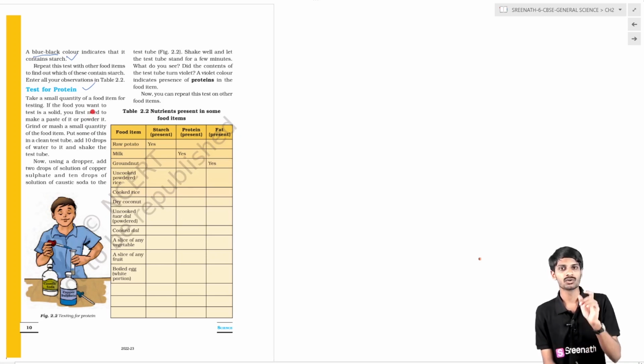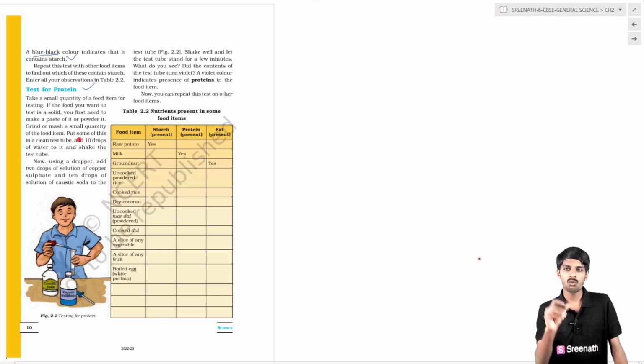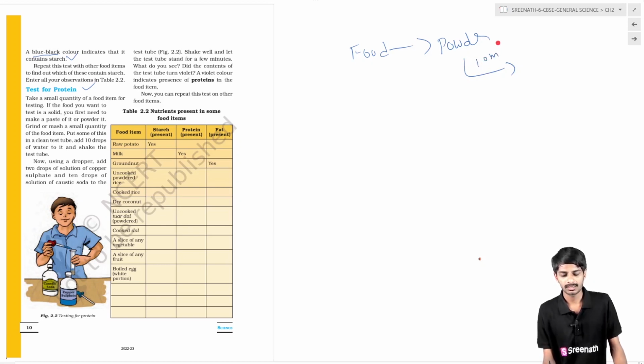So you have to make the food into a powder form. Okay, now what you have to do? Put some of this in a clean test tube, add 10 drops of water to it, and shake the test tube. First take the food item, and if it is solid, powder it and add it to 10 drops of water.